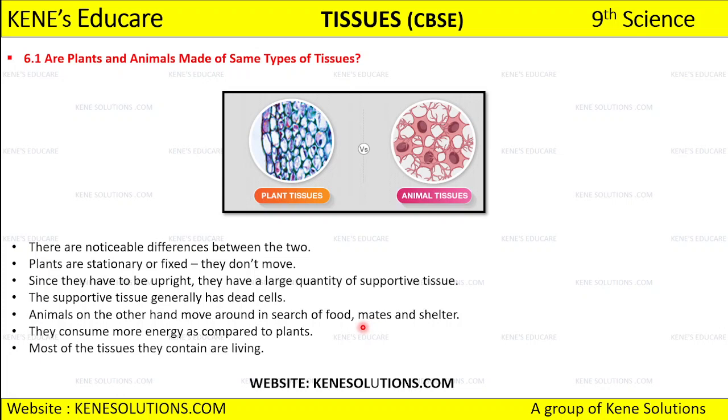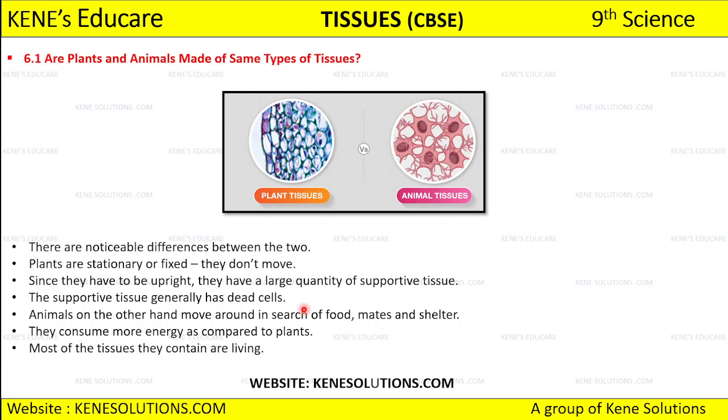Okay, so who is going to require more energy? Animal tissue or the plant tissue? Who will need more energy? So here animals are going to require more energy because they are going to locomote, they are going to move from one place to another in search of food, mates and shelters. So animals are going to consume more energy as compared to plants.